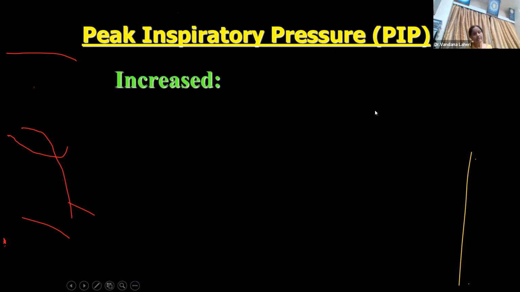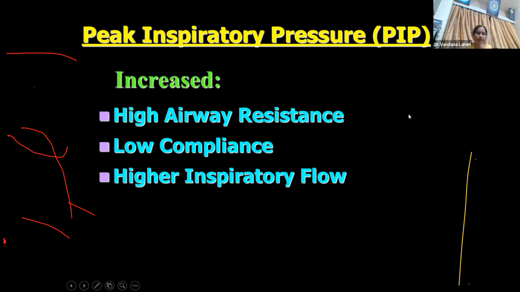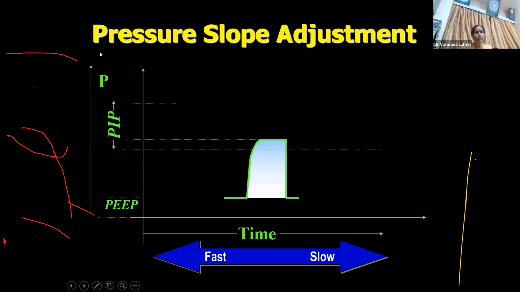Peak inspiratory pressures may be increased in higher airway resistance, low compliance, and higher inspiratory flow. If the flows are high, I showed you PIP increases. Okay. Higher inspiratory pressure slopes. Now let us see what these high inspiratory pressure slopes are. Some ventilators provide pressure slope adjustment. So this is how the pressure should look whenever you are adjusting.